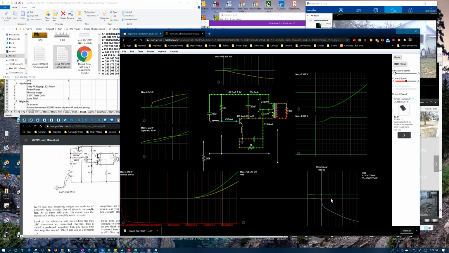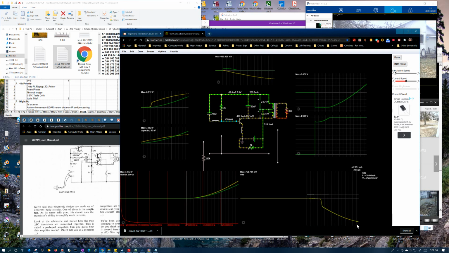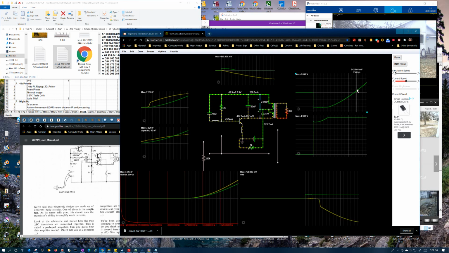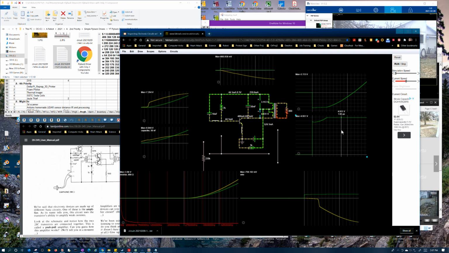And you can see the current right here going to the base is actually starting to level off. I mean, it's actually on a diminishing trend, whereas this is skyrocketing by comparison, and this is just holding steady right now at 5 volts.